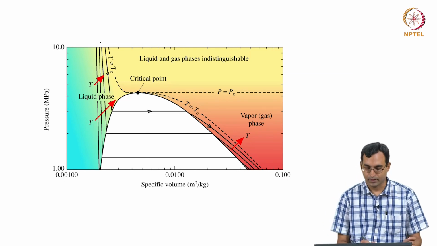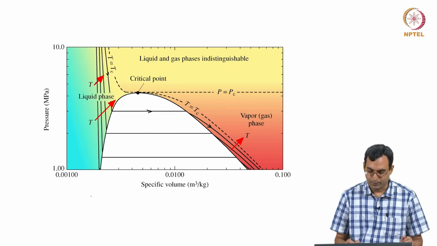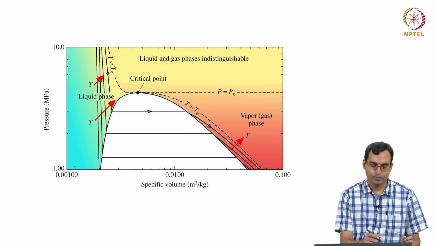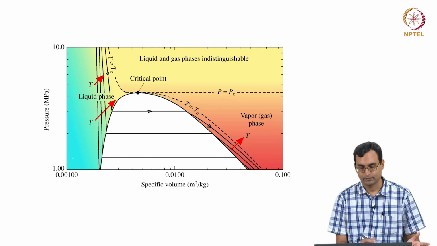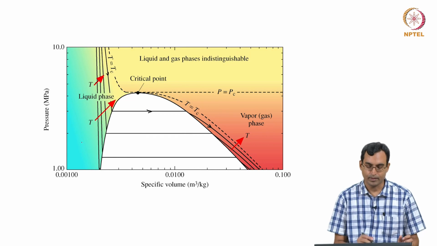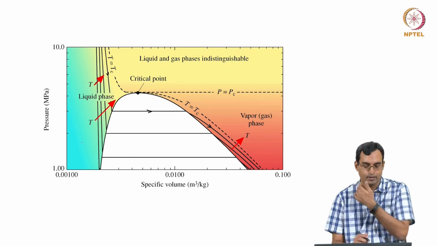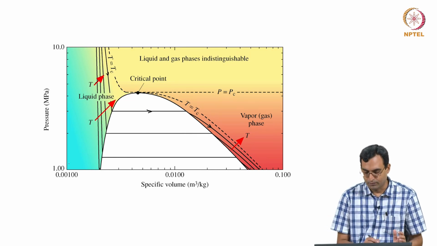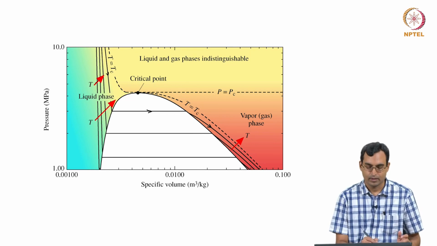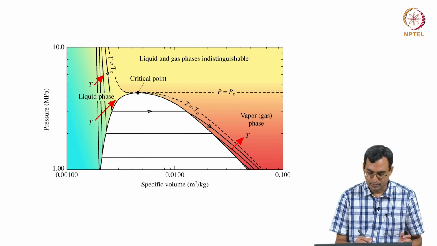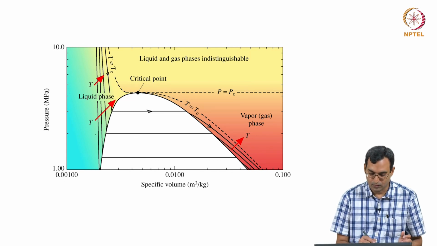So, what we see over here is whenever the specific volume is very small, irrespective of what pressure it is, you have a liquid. We are not considering solids for the moment, we are only looking at liquid vapor states. So, when you have very low temperatures and low specific volumes, you would be in the liquid state at whatever pressure it is. As you go to higher temperatures, so this is a low temperature isotherm, this is a higher and higher temperature.